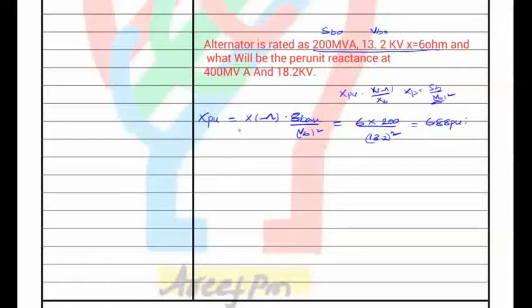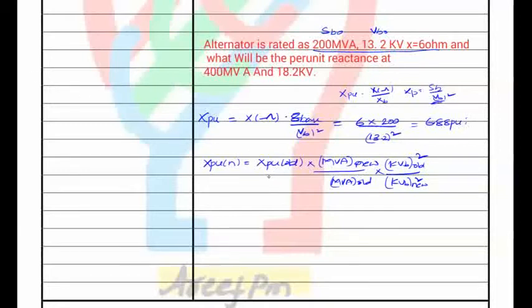Now we will use the second formula, that is X per unit new is equal to X per unit old into MVA or S base new divided by MVA old into kVb old square divided by kVb new square. So here, what are the new values and old values?